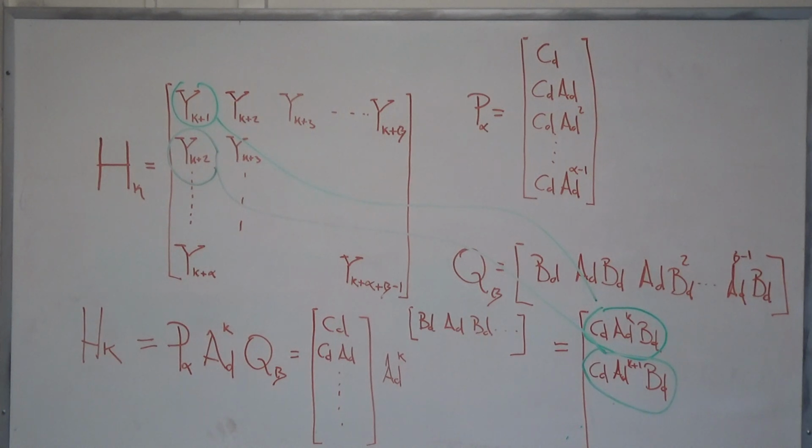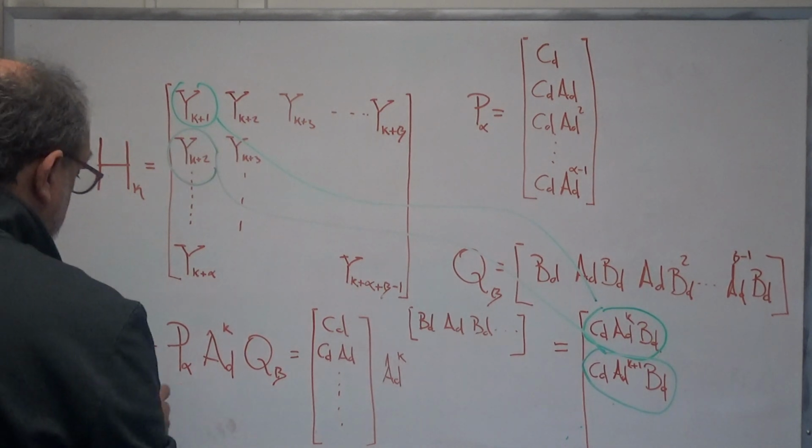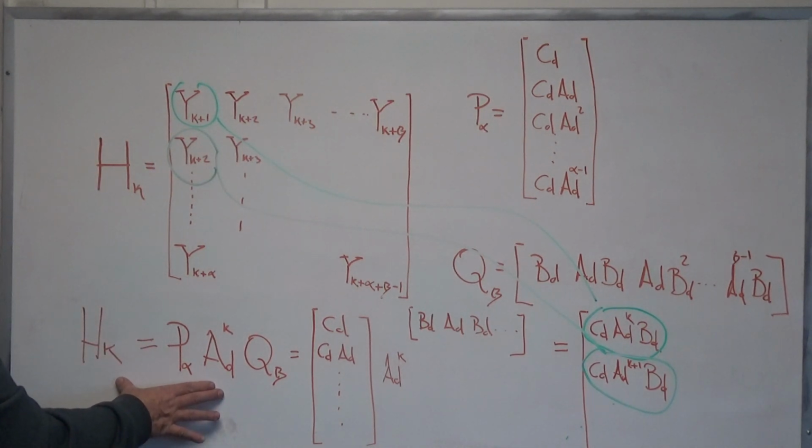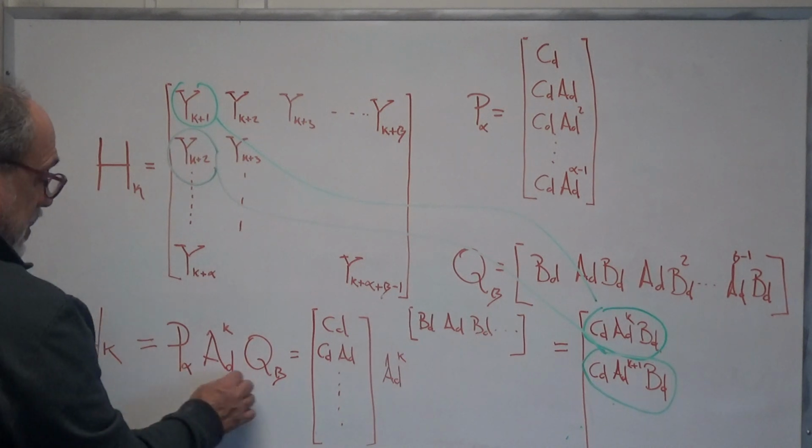Now I don't have enough room on this board to continue writing, so I'm going to have to erase everything and begin right here again with HK equal to this part here.